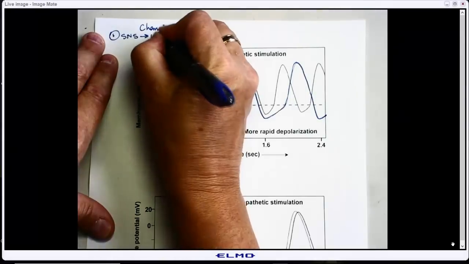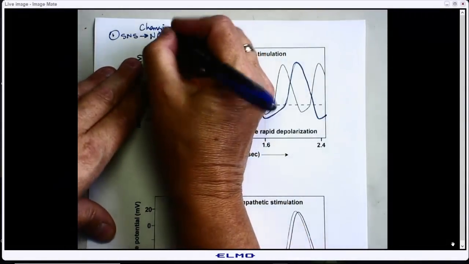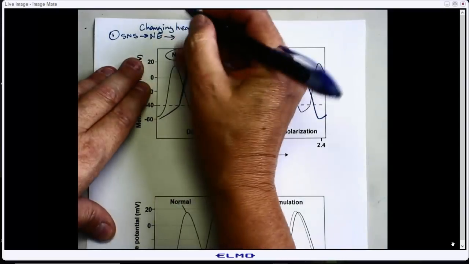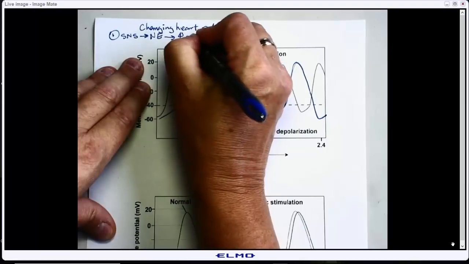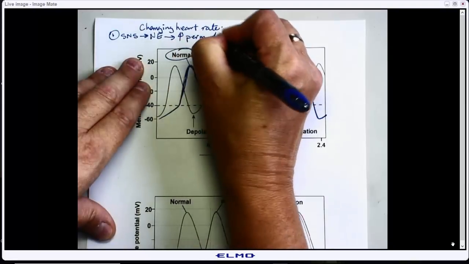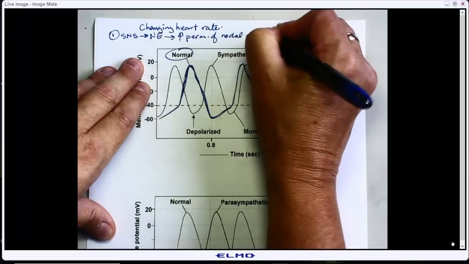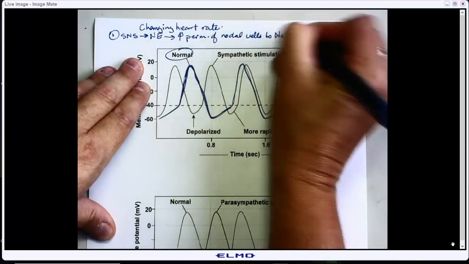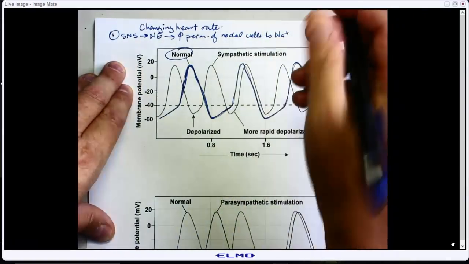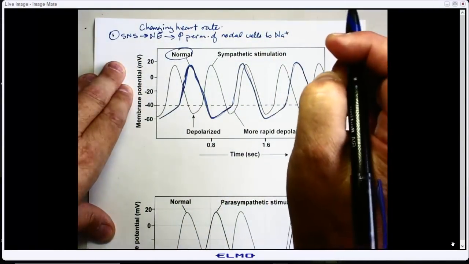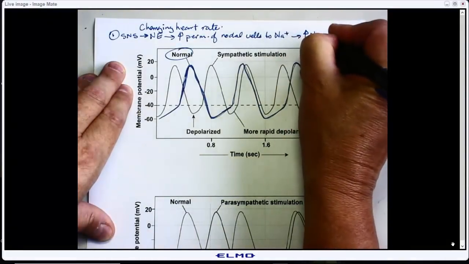And our sympathetic nervous system releases norepinephrine and is going to increase the permeability of the nodal cells to sodium. Okay, so suddenly we increase the permeability. We had that slow leak rate, but now the leak rate is a little bit faster. So this is going to increase our sodium leak rate.